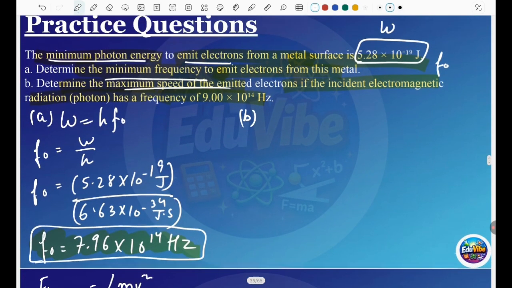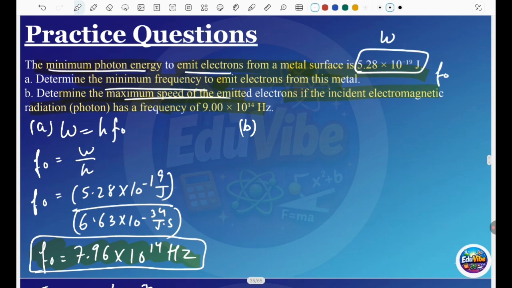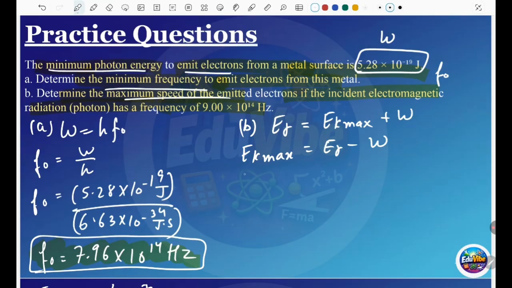To find the kinetic energy, you have another formula we discussed when we did the topic called the photoelectric effect, which is photon's energy is equal to EK max plus W. So EK max is equal to the photon's energy minus W.